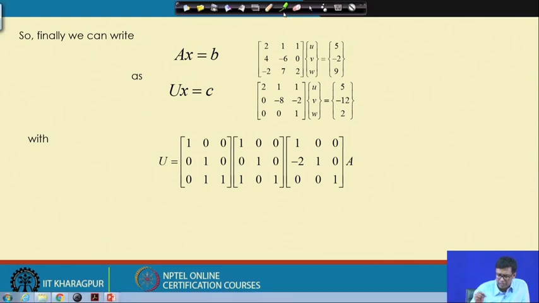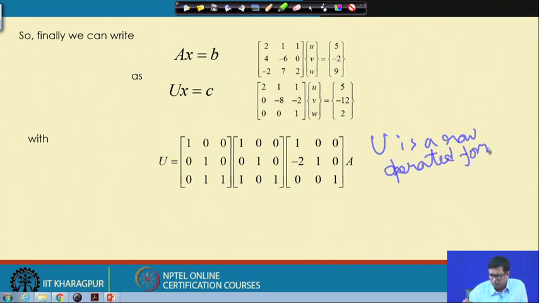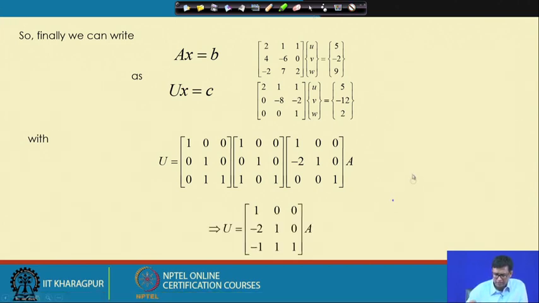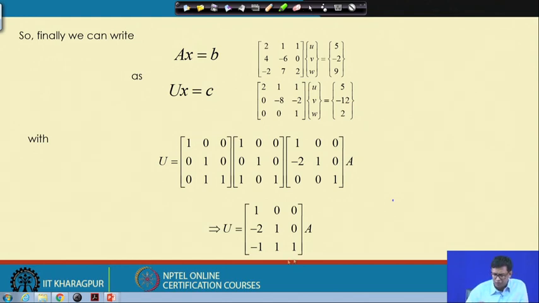So, we can say that U is a row operated form of A, and U is equal to something into A, and that multiplier is of lower triangular form.